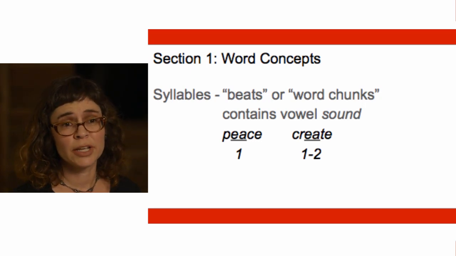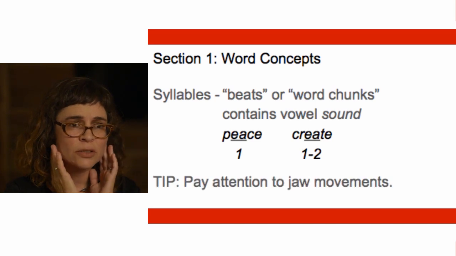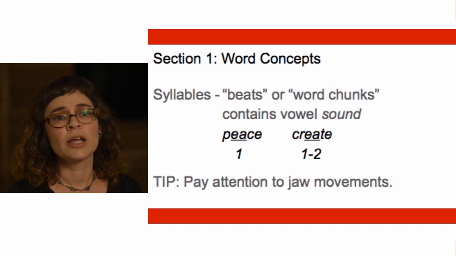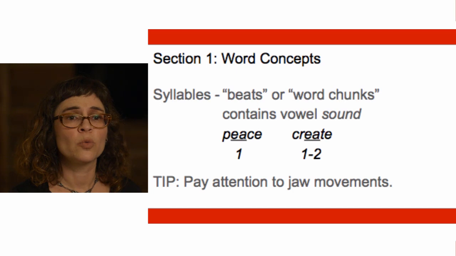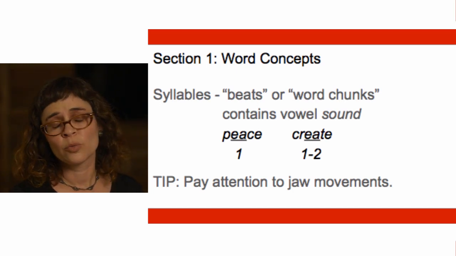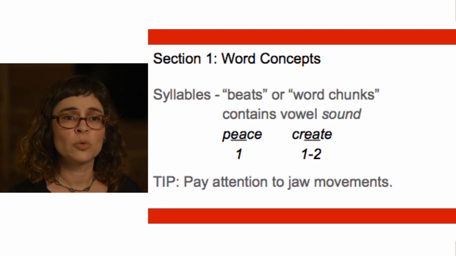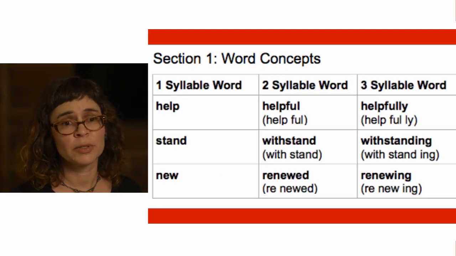When pronouncing a particular word, pay attention to the number of jaw shifts within the word. You need to know how to break apart words to determine which part gets the strongest sound. We'll come to that in a moment. Take a look at the examples of words in the same word family.